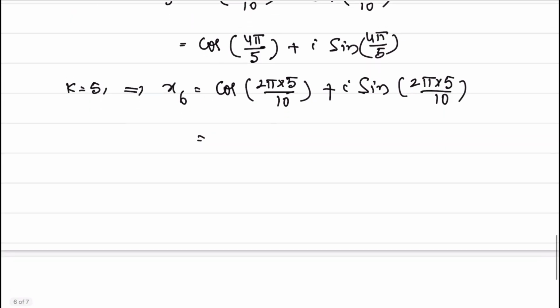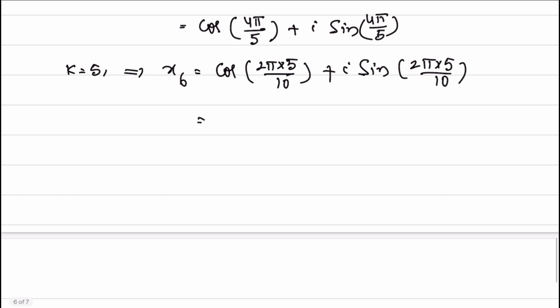That is equal to cos pi plus i sin pi, the 10 goes off. What is the value of cos pi? Cos pi is minus 1. Sin pi is 0, so that is equal to minus 1.